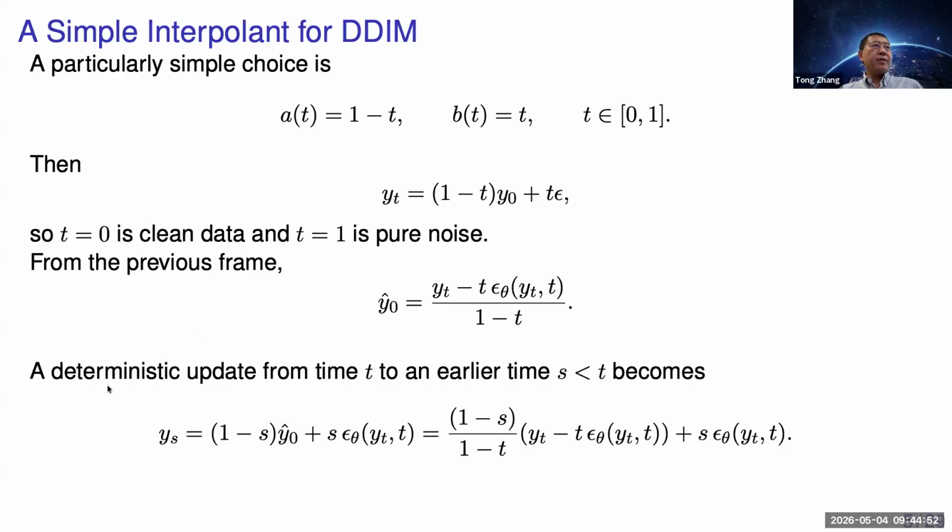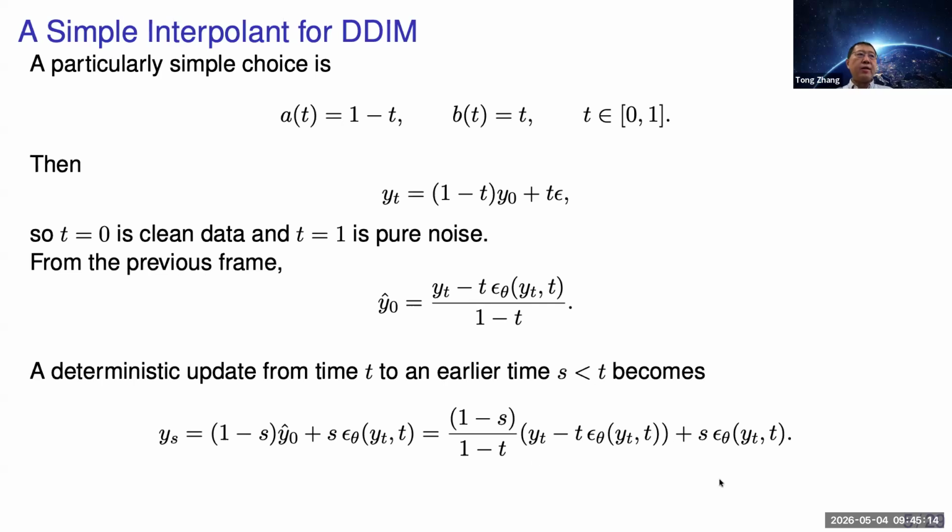Then you multiply that together. So this is your y from y0 plus some noise. This is the formula from here with y0 substituted by your denoising network.